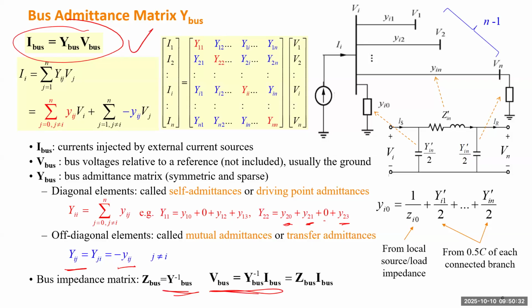So the original equation can calculate the current directly, right? If you know the Y bar and you know the V bar, you can calculate the I bar directly. And this equation can calculate the voltage directly, which is equal to the current injections at both buses multiplied by the impedance matrix.